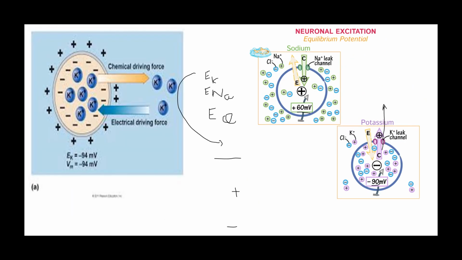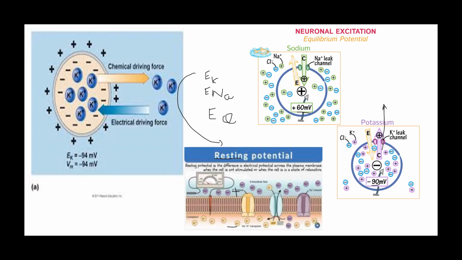So in this picture, we can clearly see that the potassium ions, through the potassium leak channels, are trying to go outside and trying to drag the resting membrane potential to minus 90 millivolts, whereas sodium ions, through their leak channels, are trying to move inside until the intracellular positivity touches the equilibrium potential of plus 60 millivolts.